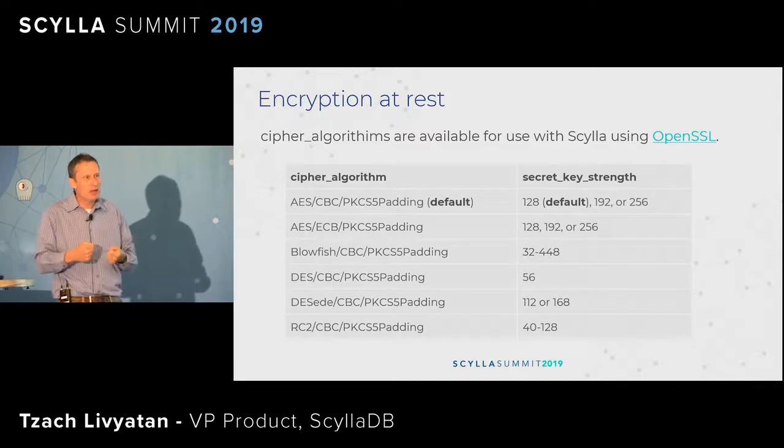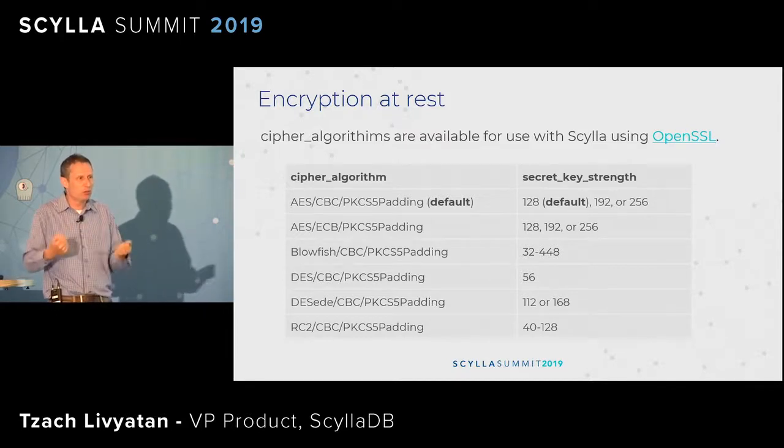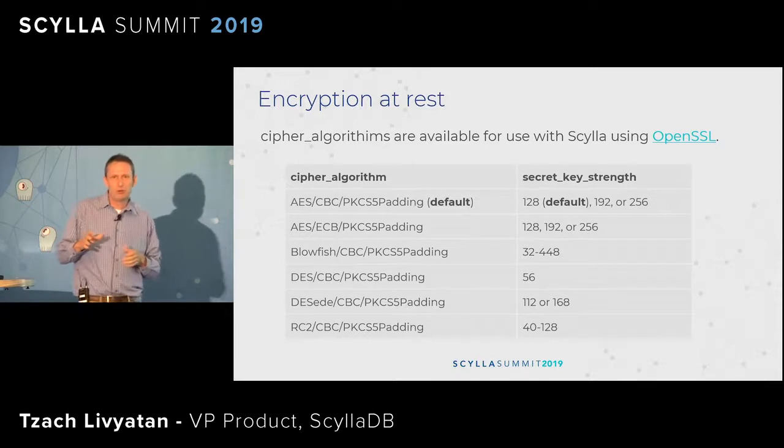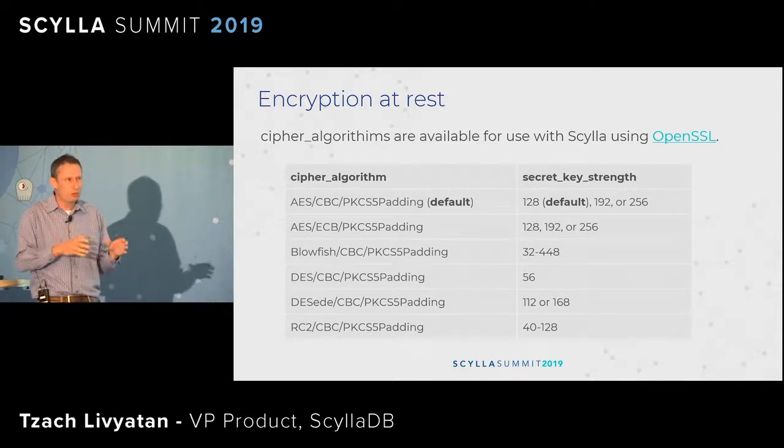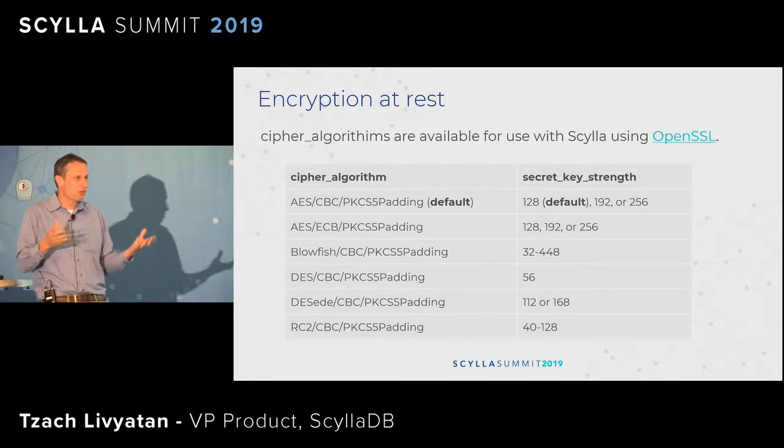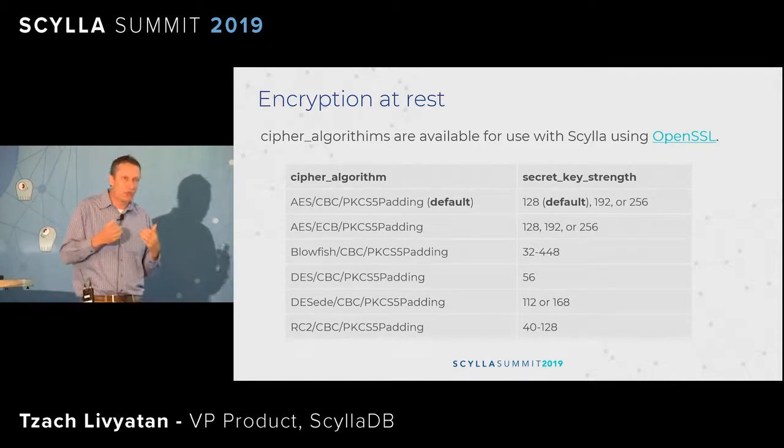This is the main thing that encryption at rest protects you from. It's a valid concern, but if you, for example, run in AWS, you are pretty much protected against that. Okay, it still protects you maybe from a malicious AWS user or something like that, but I think it's less of a concern.